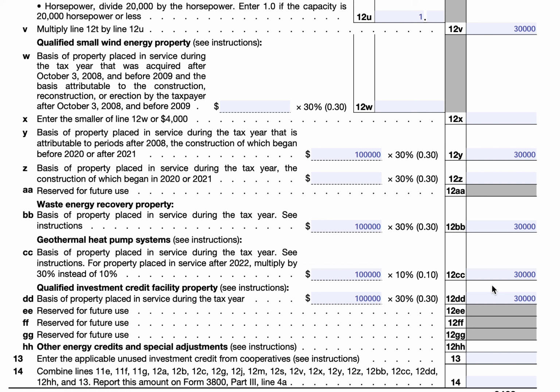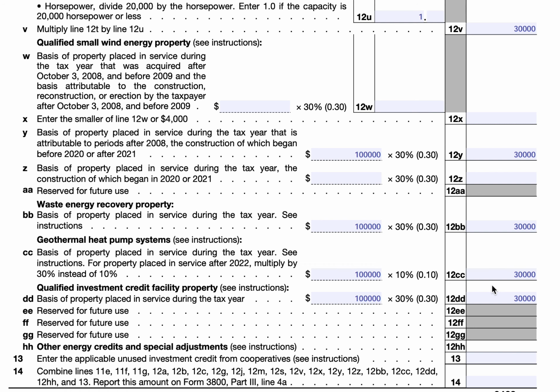So if any of those are applicable, then the form instructions contain a little bit more detail on how to calculate those extra energy credits and special adjustments. In line 13, you'll enter any unused investment credit from cooperatives.